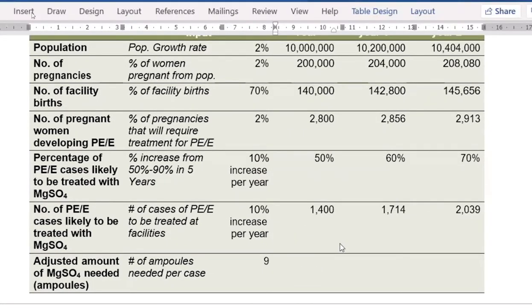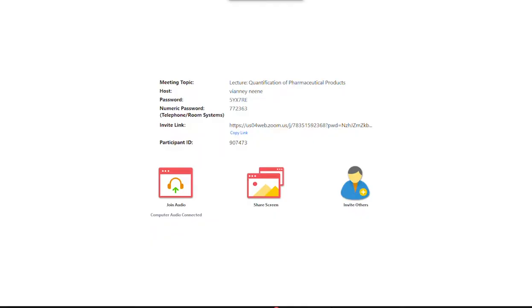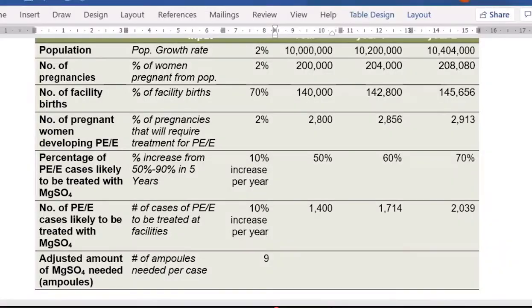149 times 179 times 2000. What are the values? Let's start with the current year. What's the value? 12,600. Yes, we can.